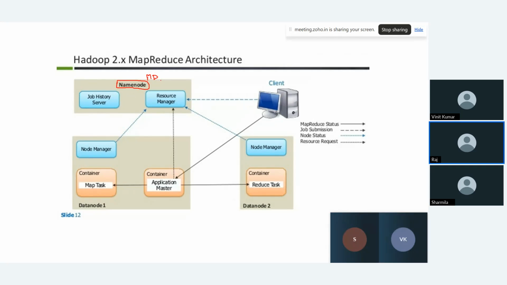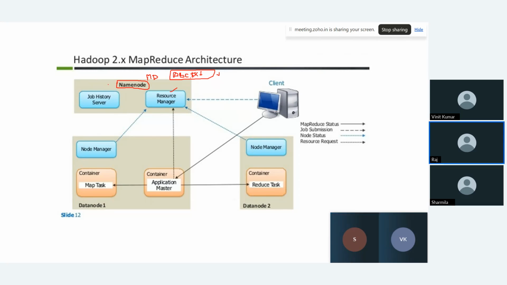So let's say I have a file called abc.txt which contains a lot of text, and we want to count the occurrence of each word in that file. The resource manager doesn't know where this abc file exists, right? So who knows where this abc.txt file exists?